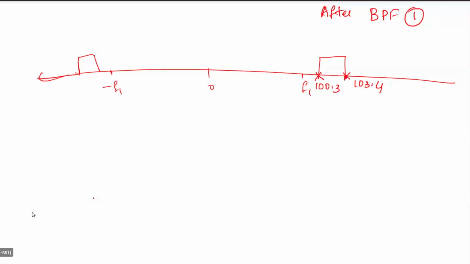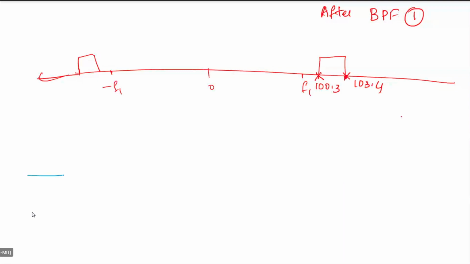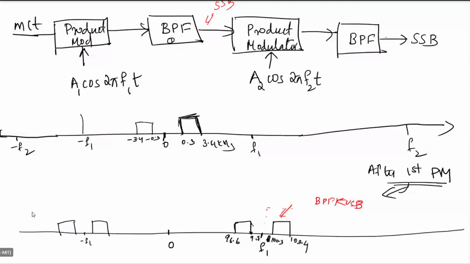Now, in the second stage, I have frequency F2, which is 10 megahertz. My carrier frequency is 10 megahertz.